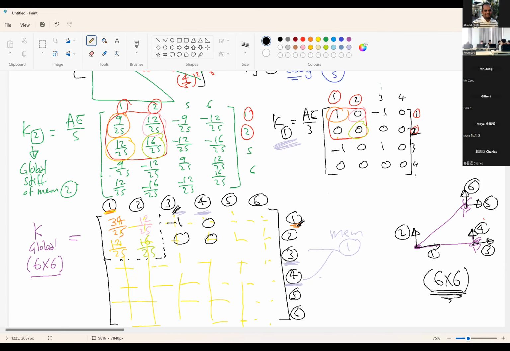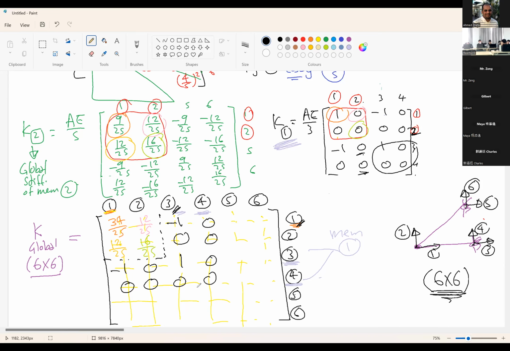Here, we have 1, 3: negative 1. 2, 3, we have 0. 1, 4, we have 0. 2, 4, we have 0. Okay, here we have 3, 4 and 3, 4, so these 4 members are 1, 0, 0, 0.